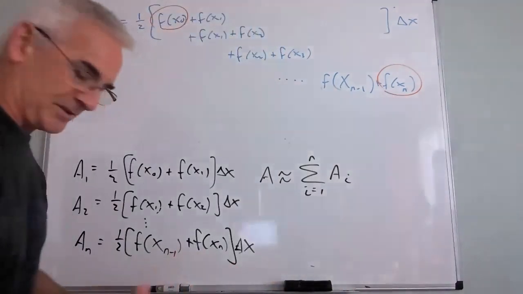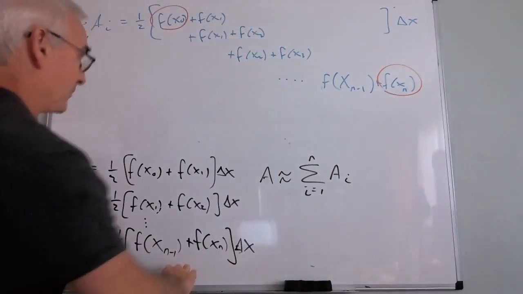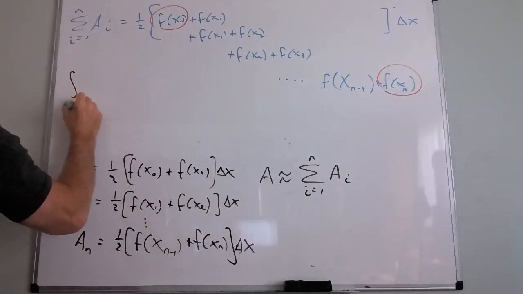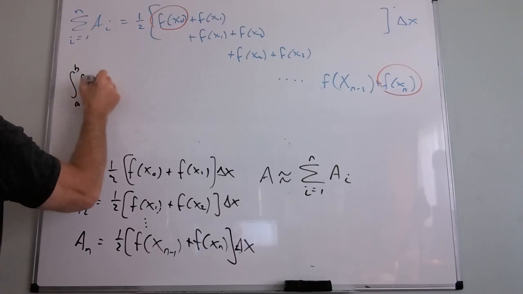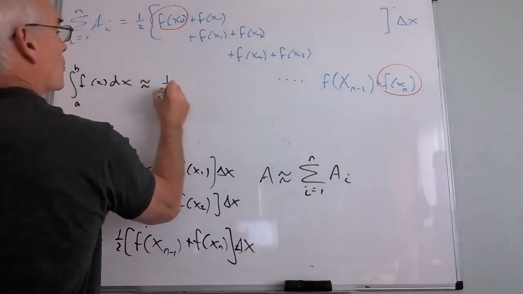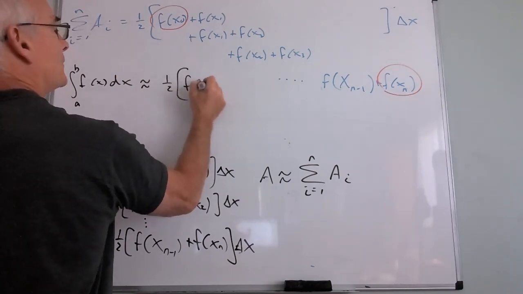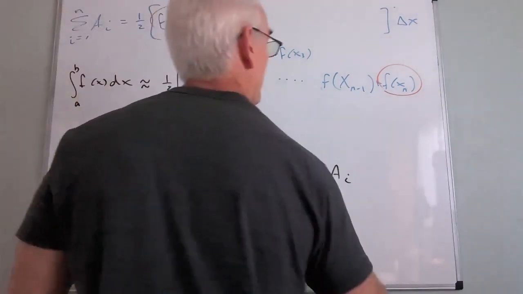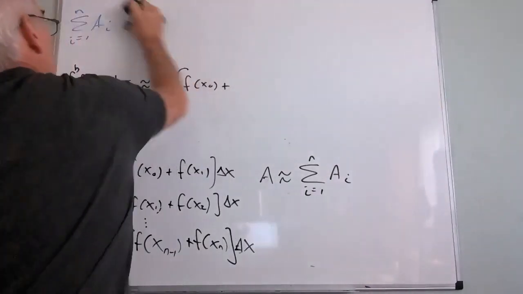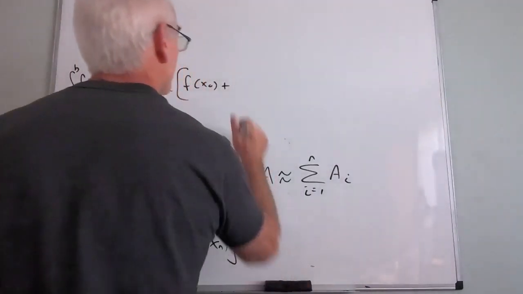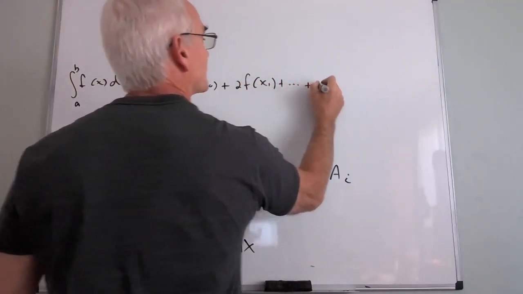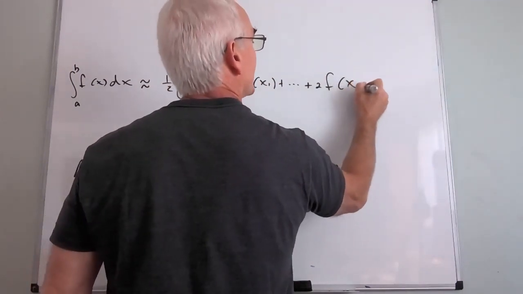So what this gives us is a really, really simple formula. Here's how we write it. The integral from a to b of f of x dx can be estimated by 1/2 f of x0 plus, and I'm going to write it the way you'll generally see it in the textbook, 2 f of x1 plus dot, dot, dot, plus 2 f of xn minus 1.